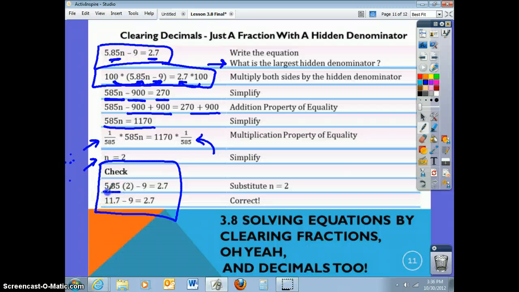So 585 times 2 minus 9 equals 2.7. 585 times 2 is 11.7. Minus 9 equals 2.7. Yep, that's true. So you can solve equations by clearing fractions and decimals, because decimals just have a hidden denominator.